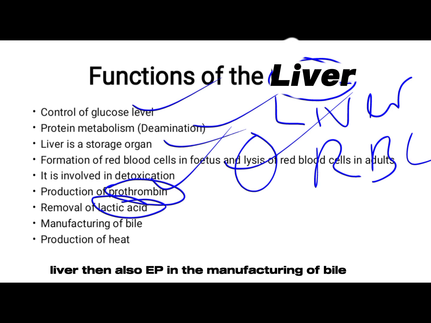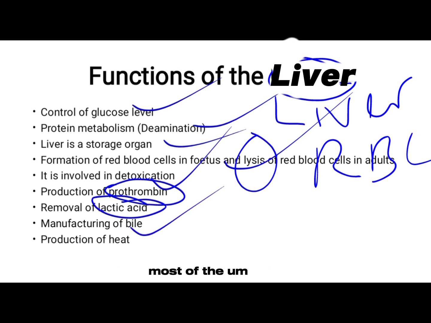Then it also helps in the manufacturing of bile. How does it help to manufacture bile? Most of the toxic substances that are removed or excreted by the liver are converted to bile plus bilirubin. Bilirubin is usually the useless and toxic breakdown product of hemoglobin. You know what hemoglobin is? That's the pigment that helps to carry oxygen.